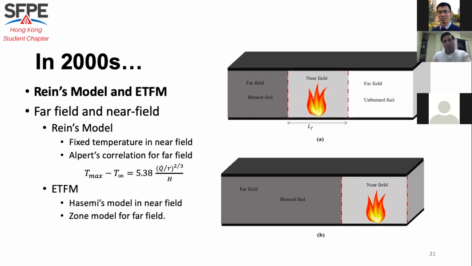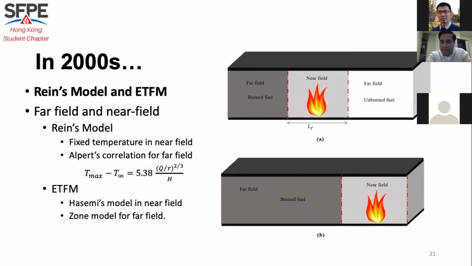Two important models I also want to discuss here were suggested in 2000. One is by Professor Rein from Imperial University. Another was the ETFM by Stern-Gottfried and his team. Unlike Clifton, they divided the room into two regions based on thermal condition: near field and far field.